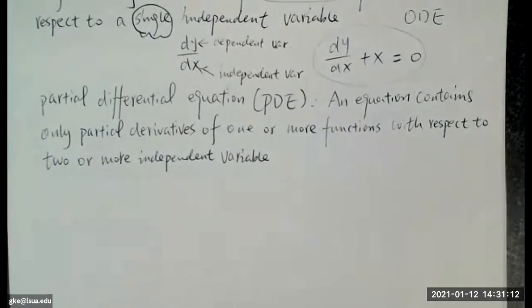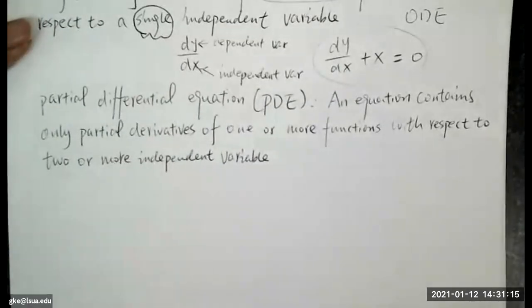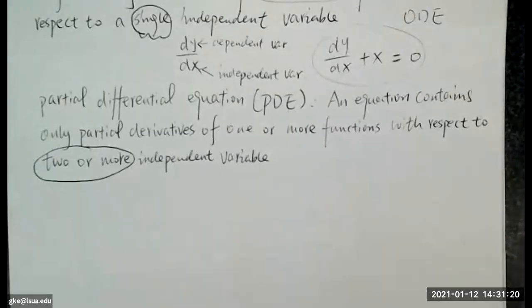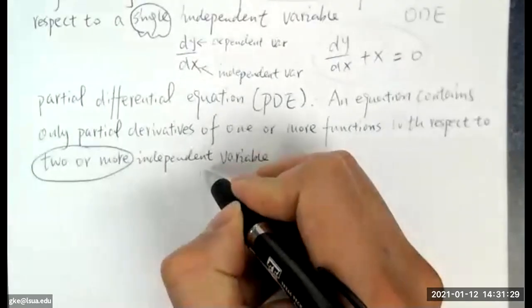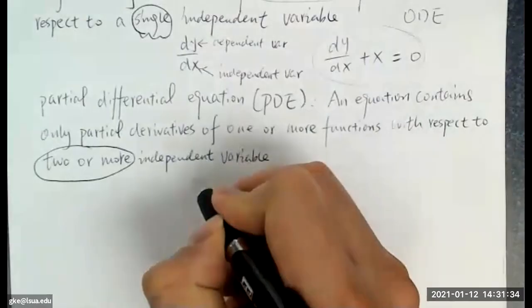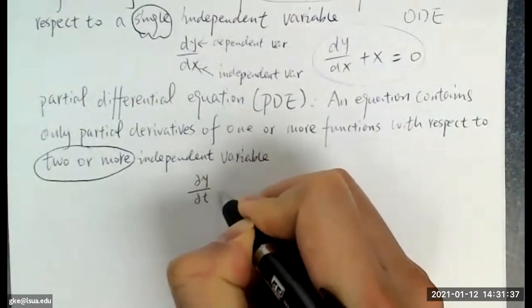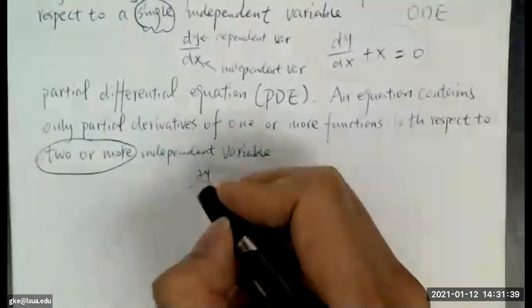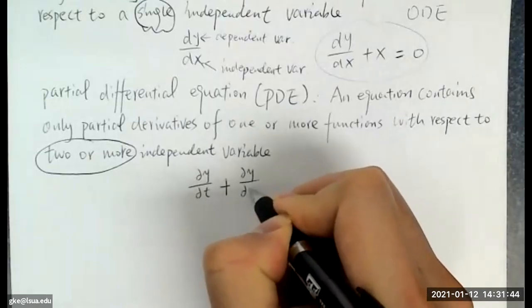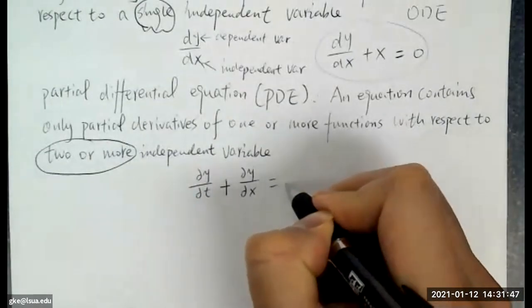So let's take a look at the keywords. Did you see it? We have very important terminology: two or more independent variables. And of course, I'm going to give you an example of a partial differential equation. For example, I write down this: partial y over partial t, plus partial y over partial x equals 0.